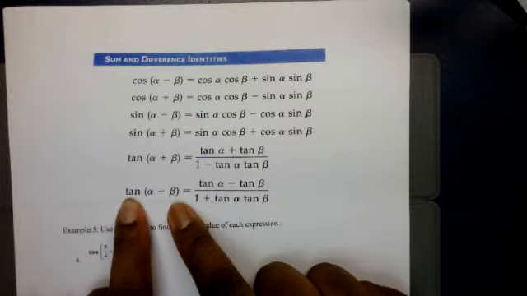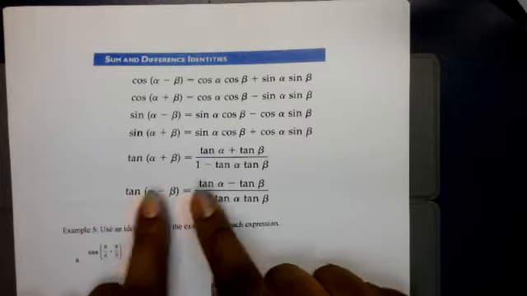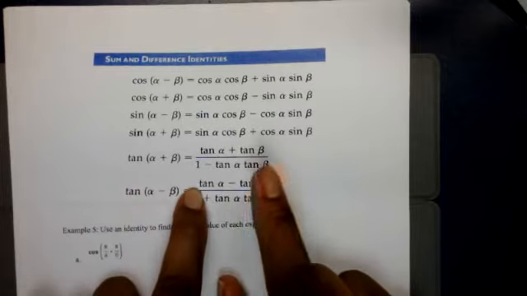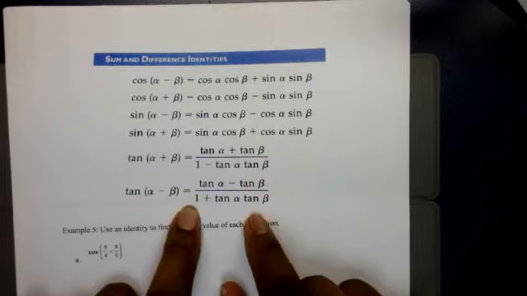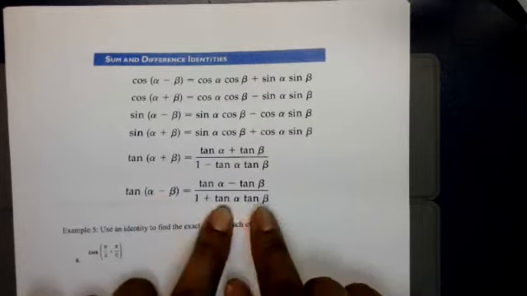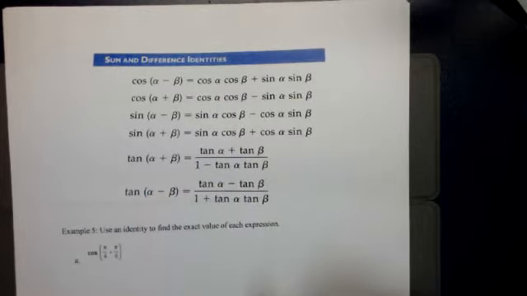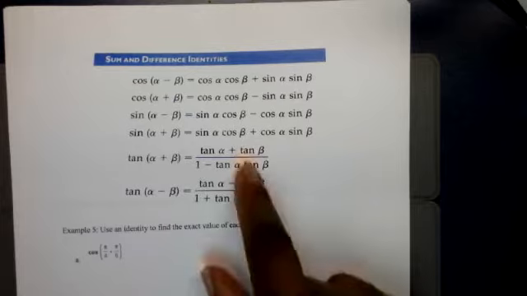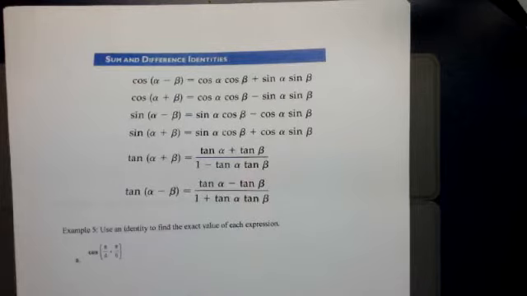And then for tangent of alpha minus beta, the numerator is tangent of alpha minus tangent of beta. The denominator will be 1 plus tangent alpha tangent beta, instead of a minus. Okay, so we're going to apply these sum and difference identities to these examples here.